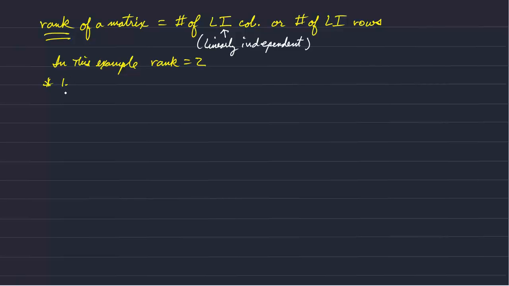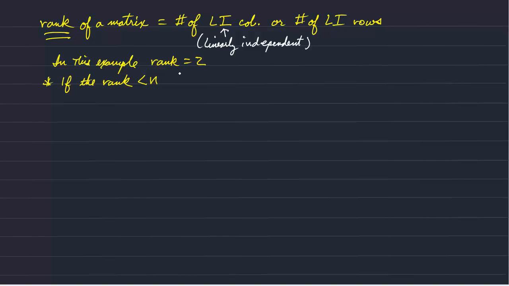Now, if the rank of our matrix is less than its dimension, less than n, or in other words, 2 or more columns are linearly dependent, then the determinant is 0.